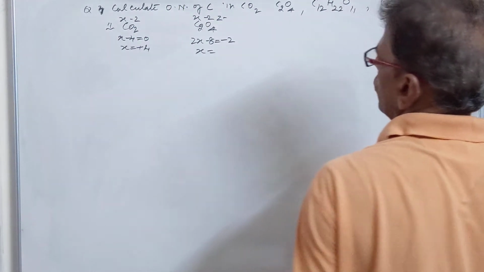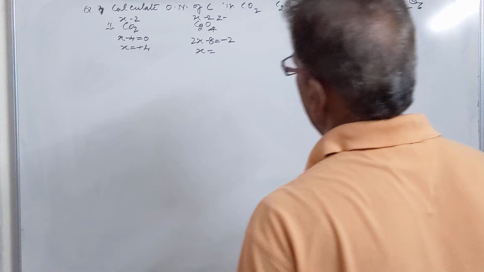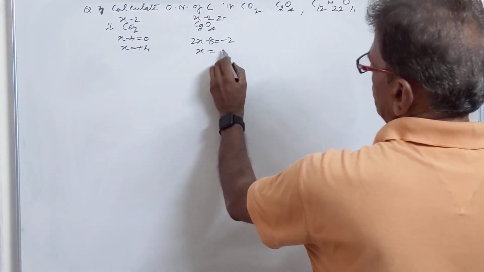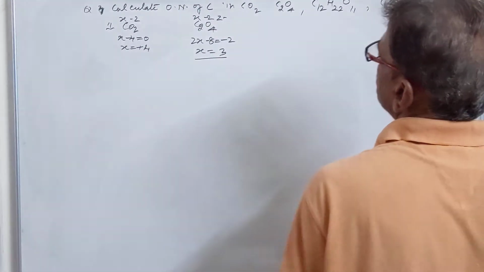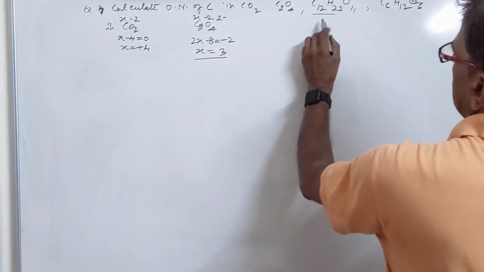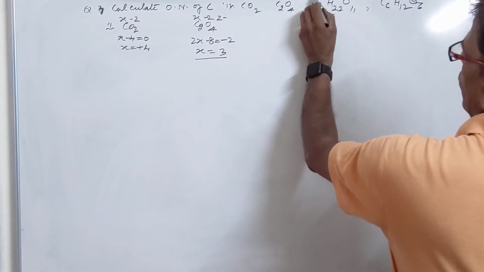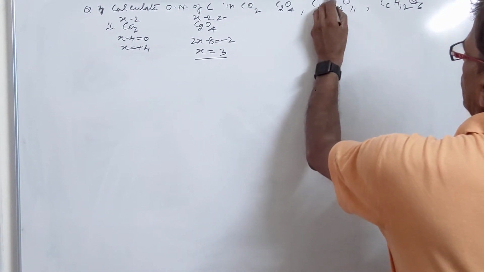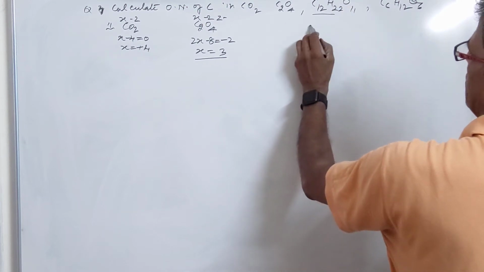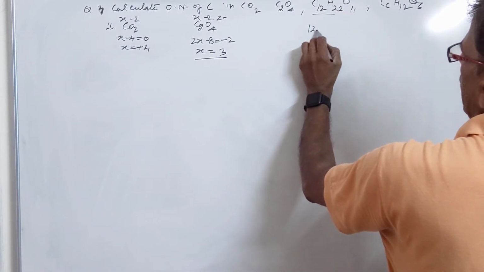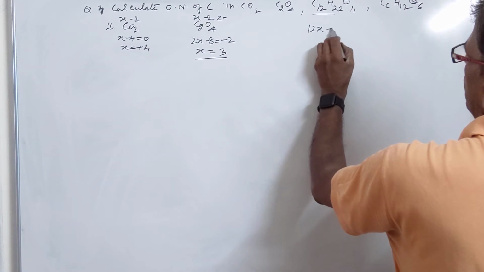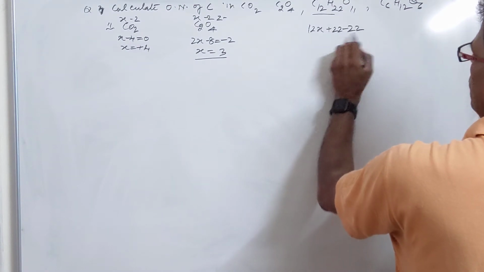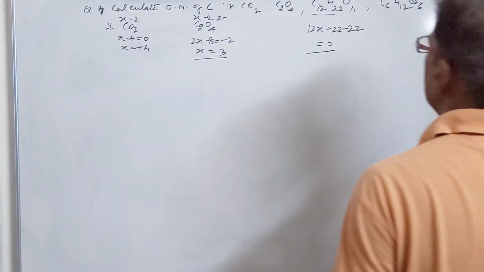x will be equal to what? It will be 3. In this case, write x for carbon, plus 1 for hydrogen, minus 2 for oxygen. So 12x plus 22 minus 22, it will be 0 in this case.